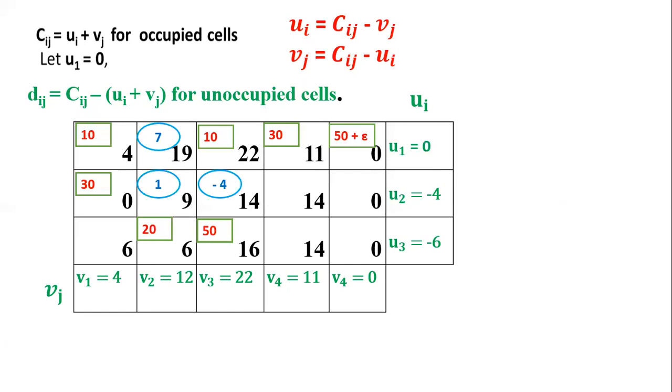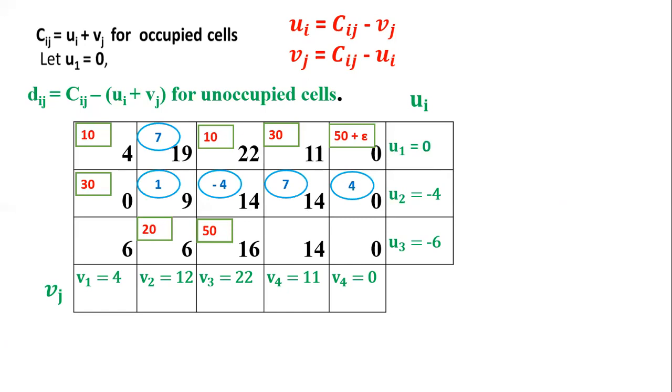And the next one is 14, same concept, cij equals 14 minus (minus 4 plus 11). Closing it gives 7. And the next one is 0 minus 4 plus 0, equal to plus 4.